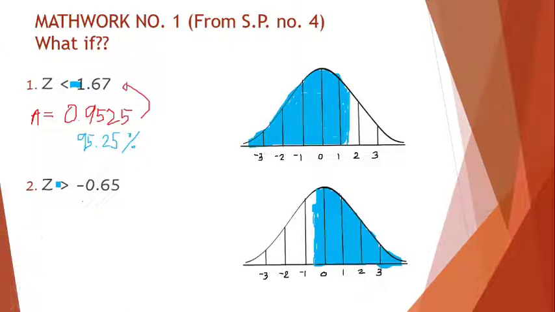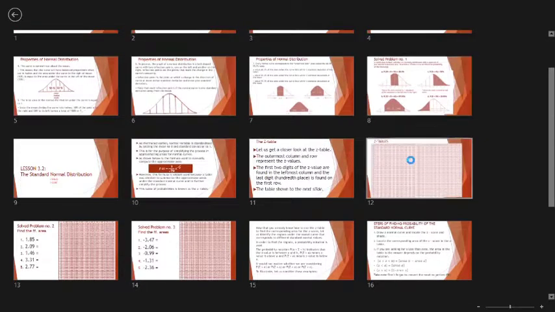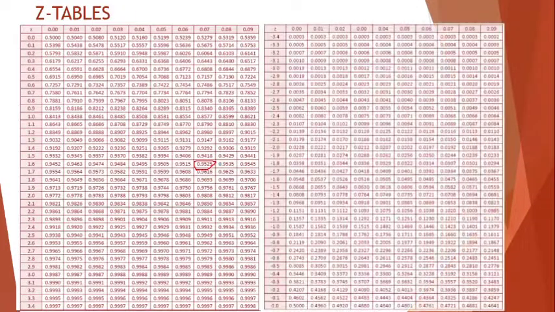Ngayon, kukompute natin yung corresponding area of negative 0.65. As you can see, hanapin natin. Okay, hanapin ko yung aking mouse pointer. Okay, ayan. So, ito, 0.65.